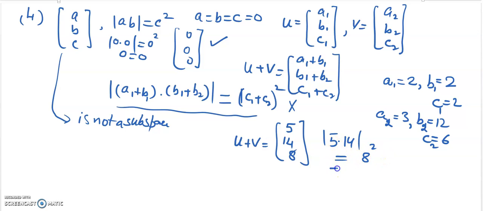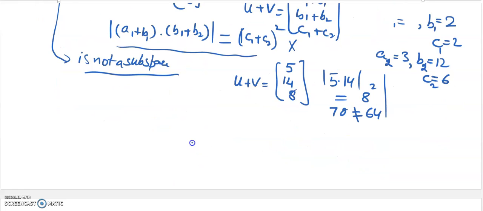The answer is false. 5 times 14 is 70, and 70 is not equal to 64. So this condition is not satisfied, so our result that this is not a subspace is justified.